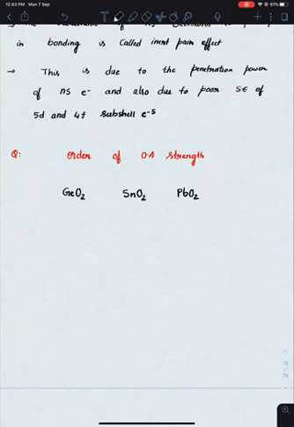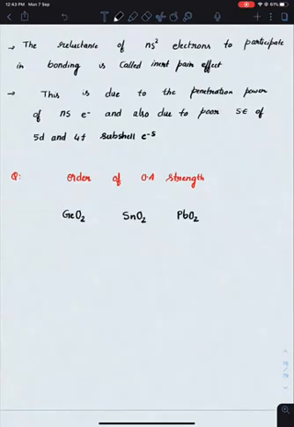What is meant by oxidizing agent? Oxidizing agent oxidizes others, itself gets reduced. Okay. It gains electrons. If it is getting reduced, it has to gain electrons.